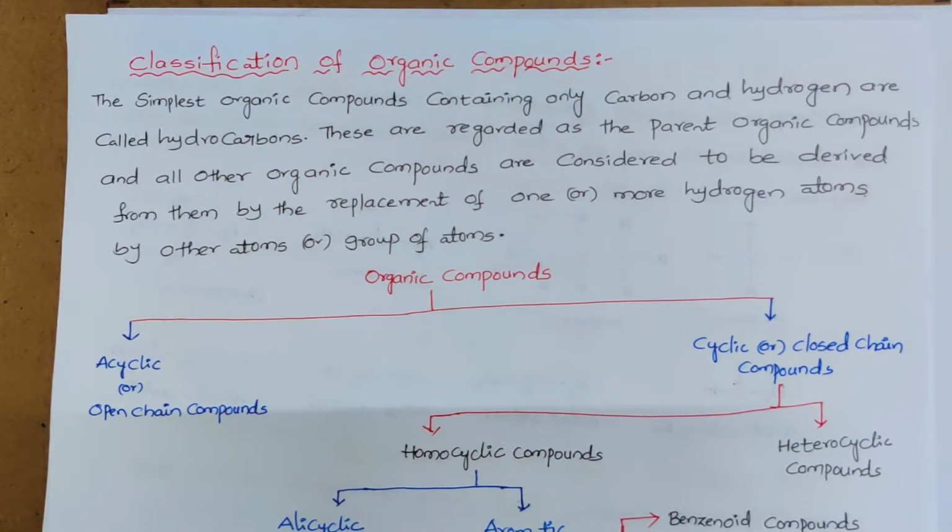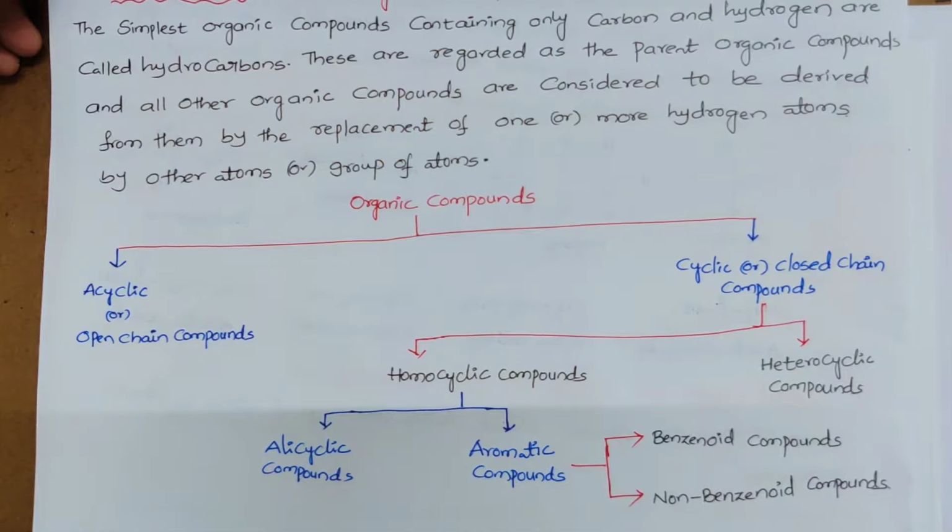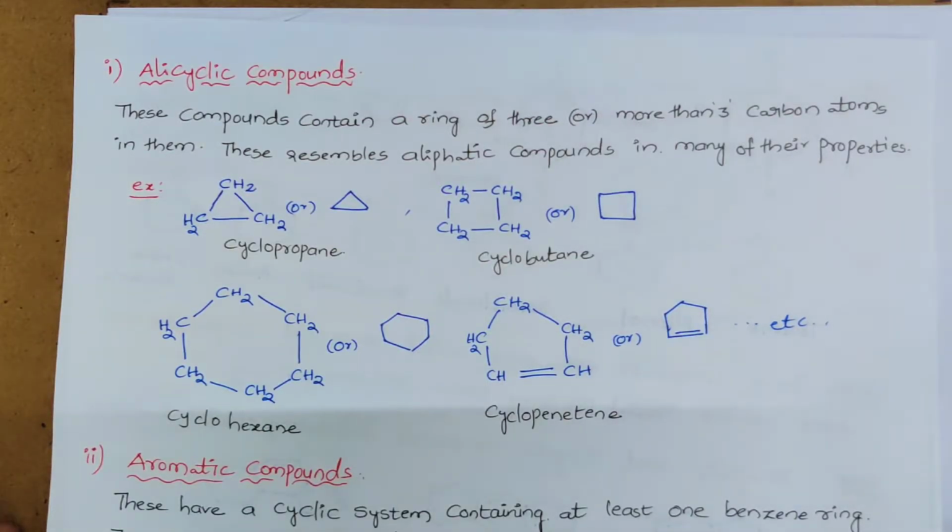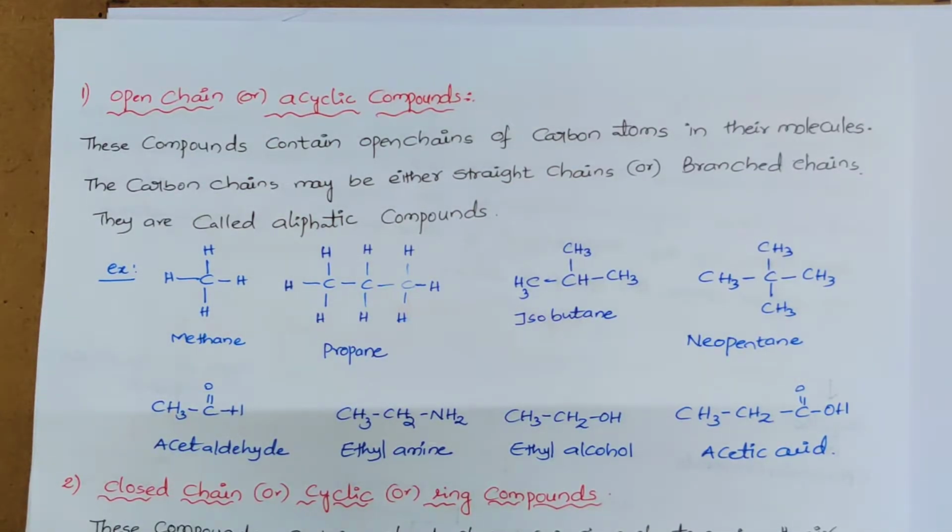First we move towards acyclic compounds or open chain compounds. So what do you mean by acyclic or open chain compounds? It means these compounds contain open chain carbon atoms.